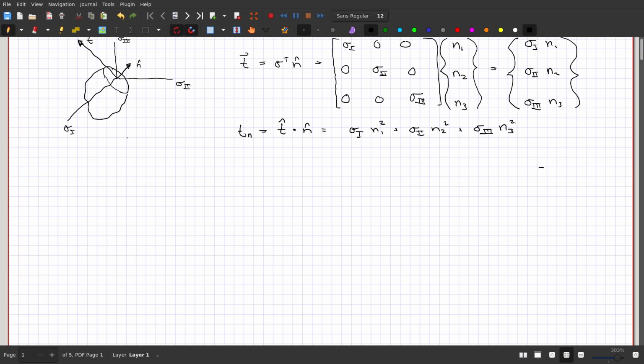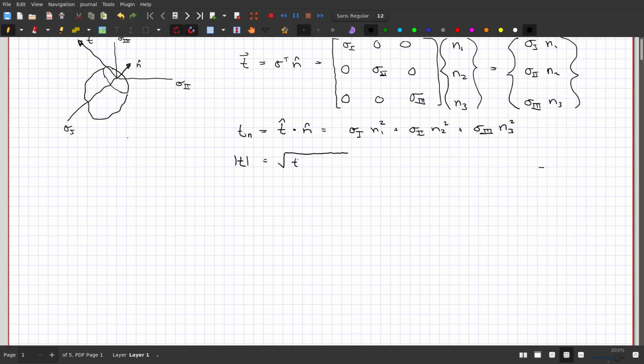Okay. The magnitude of the traction vector, right? The magnitude of any vector is the sum of the squares of the components of the vector, right? And so in this case, we're going to break down the traction vector into a normal component and a shear component. The shear component would be in the plane of our slice, right?